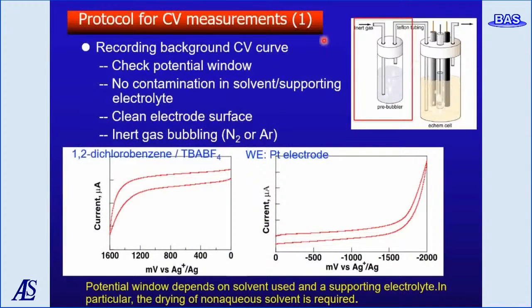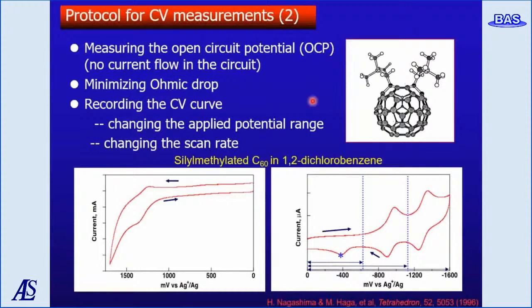Finally, I'd like to once again review the protocol for measuring CV in non-aqueous solution. First, we determine the potential window by measuring the background only in solvent and supporting electrolyte. Check the electrode and solvent system are clean. After the background is measured, the analyte is added to the solution, and after the dissolution of the analyte, the CV is measured.